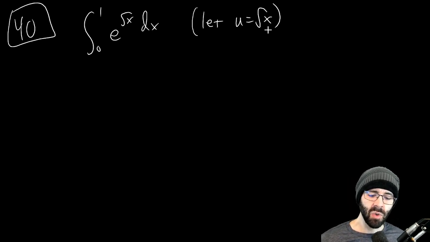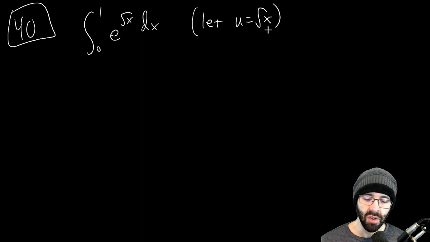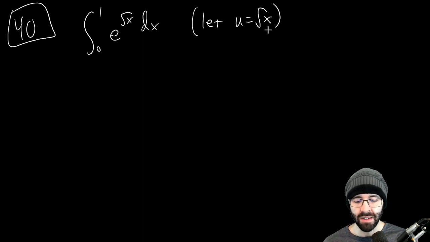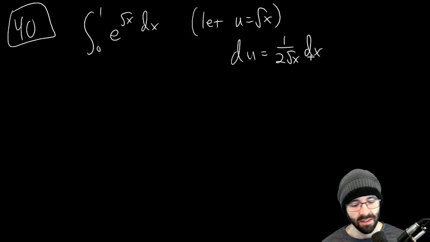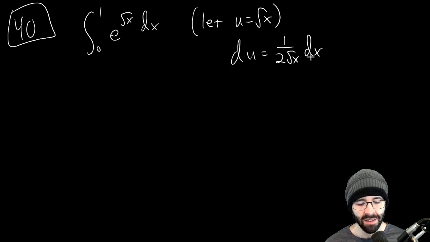Now this is a sort of weird example because it's not obvious that this is going to be helpful at all. Well, let's see what happens when we do what they want. The du is going to be 1 over 2 root x dx, which we don't have.